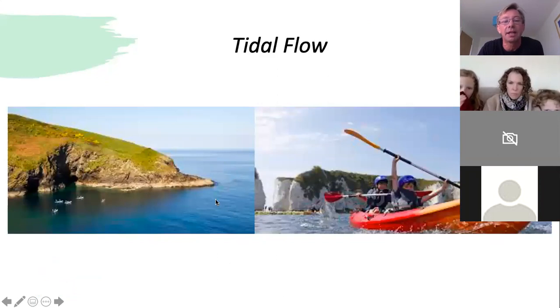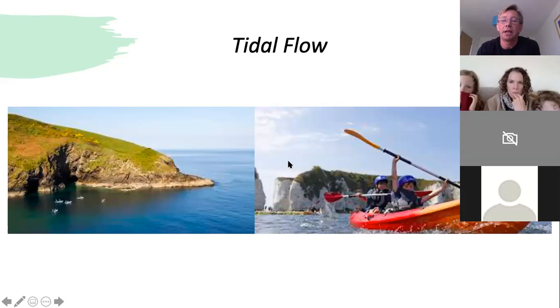Okay, that means that when we get to things like headlands, this picture on the left is a group of people out kayaking. You can see it's a beautiful sunny day and really calm. But even on a sunny day like this, even though there's no wind, there's still tide moving. So when we get to headlands, we can have quite a strong tide going around that headland, even though it's a nice calm day. And again, here's a picture on the right of kids out kayaking.